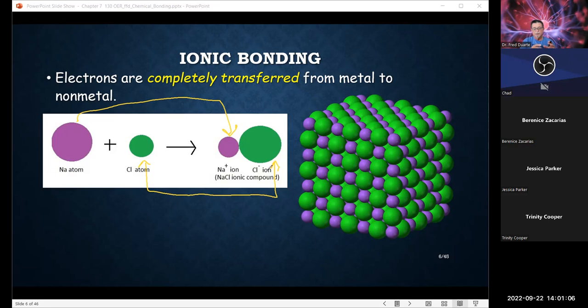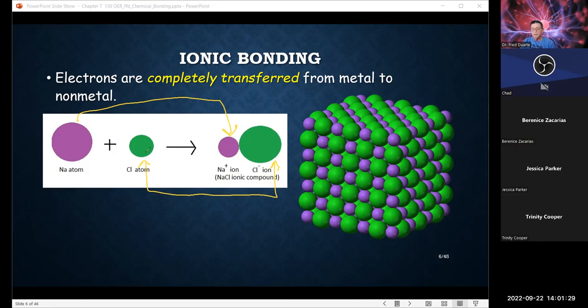We talked about this. Remember, we said the sodium atom has one valence electron in the third energy level. Well, when it becomes ionic, that third energy level is empty, okay? And the next energy level that sodium has now that is full is the second energy level, plus it has a plus charge.